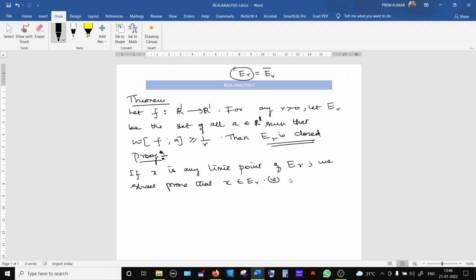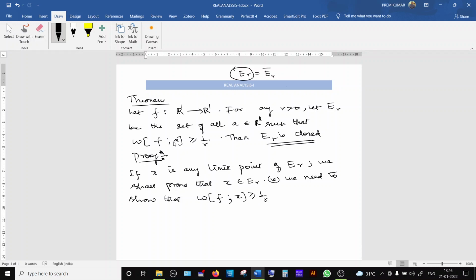That is, for an element to belong to E_r, we need to show that the oscillation of f at the point x must be greater than or equal to 1 by r.